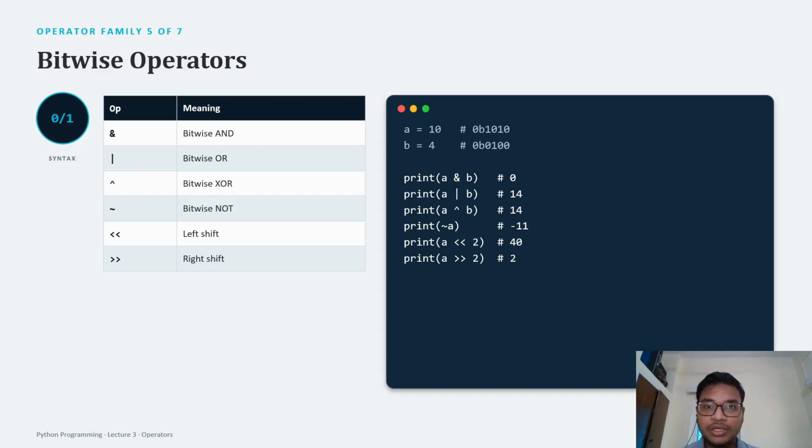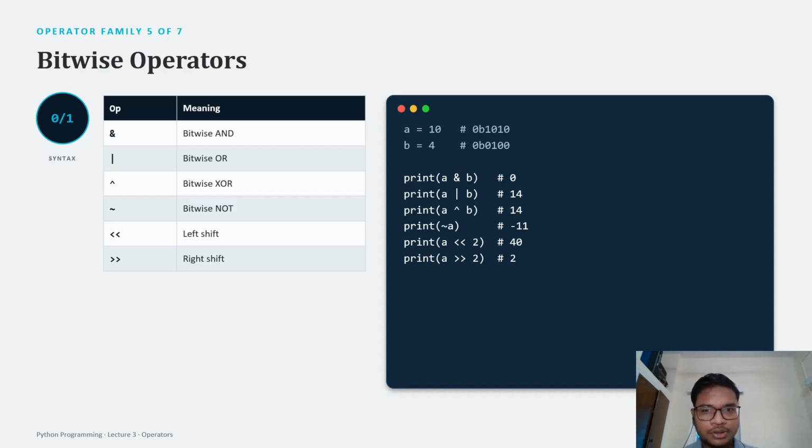Please give extra effort to understand this operator as well. If you don't understand, I will try fully. But if you don't understand, let's watch these operators again and again and practice some more questions. Then you will really understand these operators.